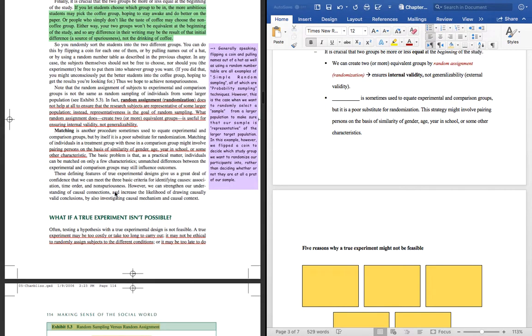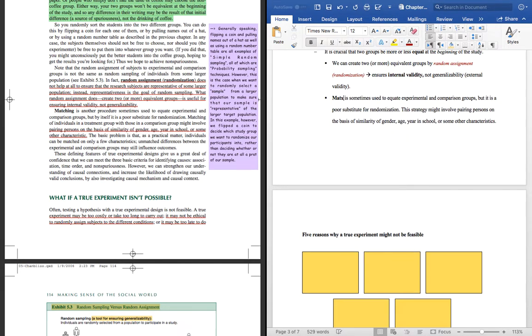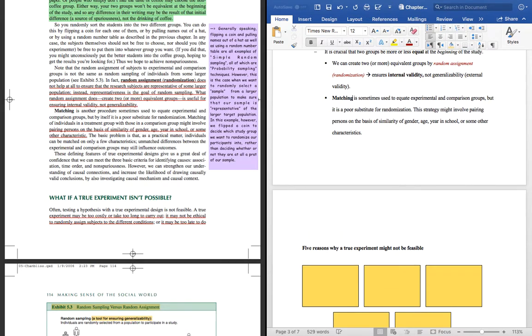And then here in this section, you read about matching. Matching is not as ideal as a random assignment, but is another approach to assign individuals into groups. It's sometimes used to equate experimental and comparison groups, but it's a poor substitution for randomization.